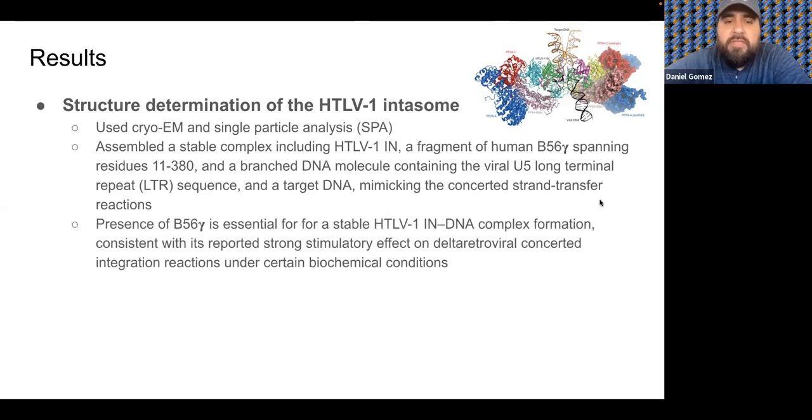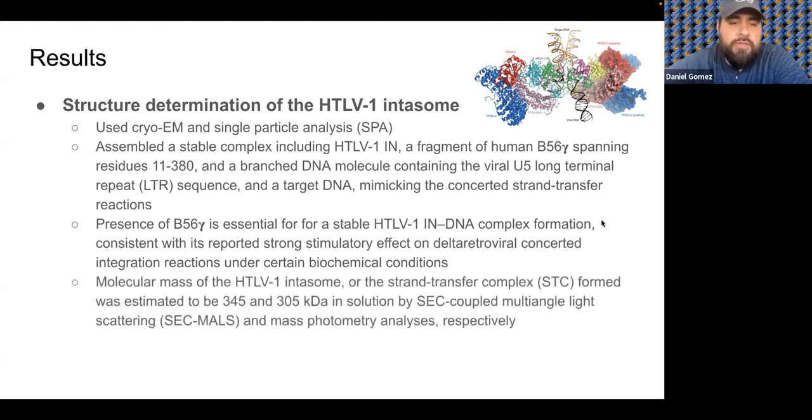So the presence of B56 gamma is essential for stabilizing this HTLV-1 IN DNA complex formation, and it's consistent with reports of a strong stimulatory effect of delta retroviral concerted integration reactions under certain biochemical conditions.